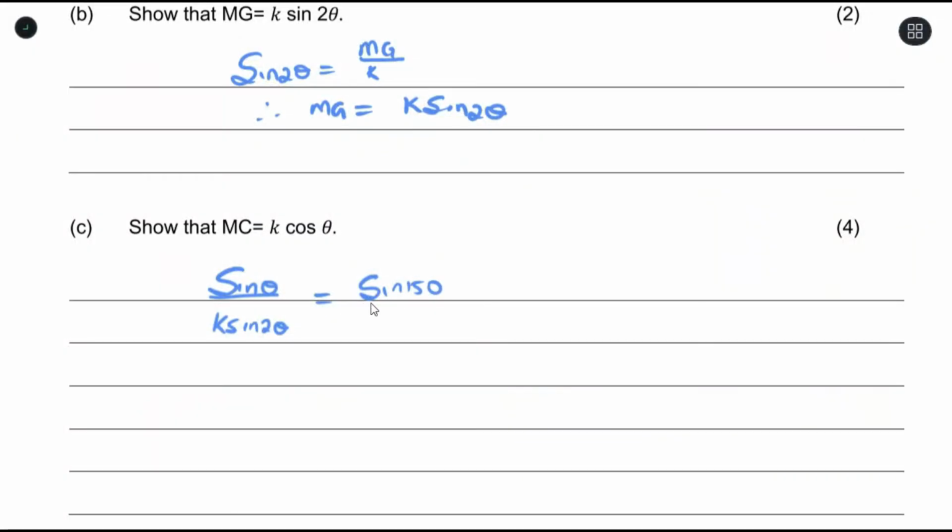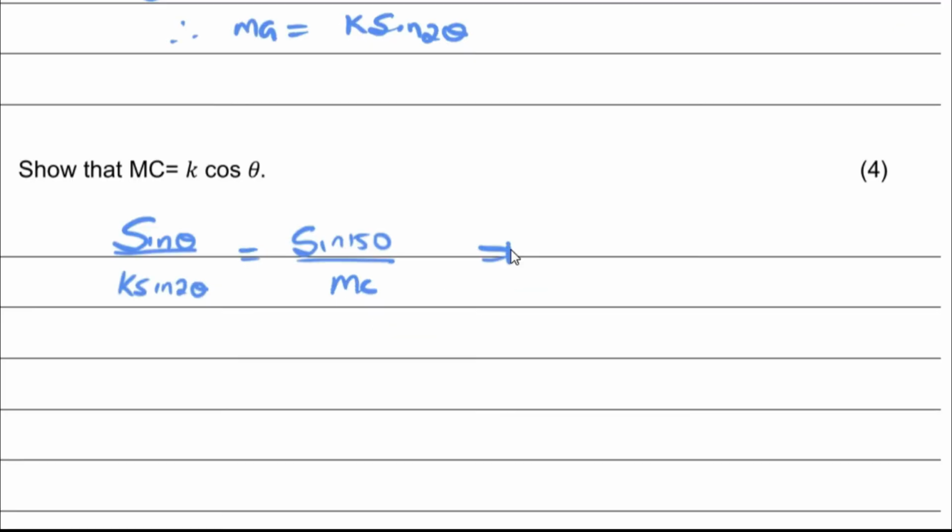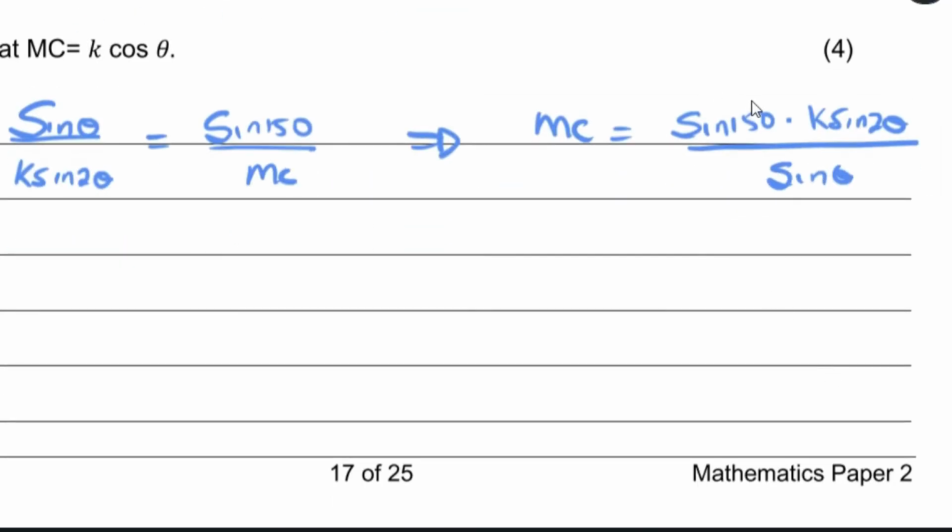Sine 150 over MC. To find MC, the first thing we'll do here is cross multiply. Now sine 150 can be reduced into sine 30, because it's in the second quadrant.